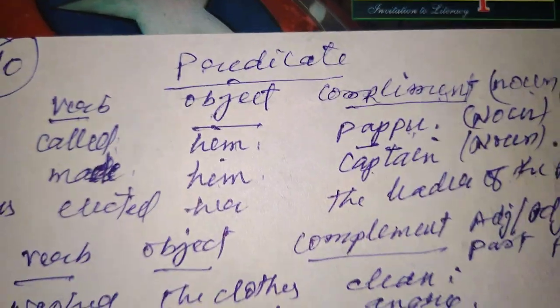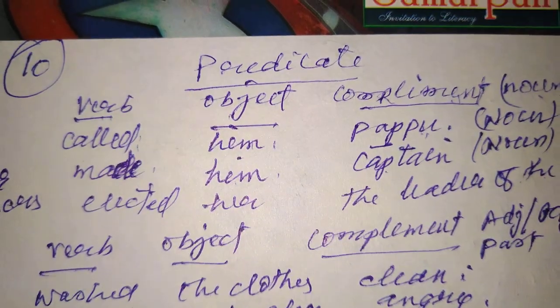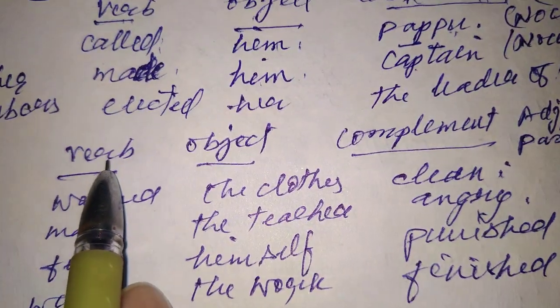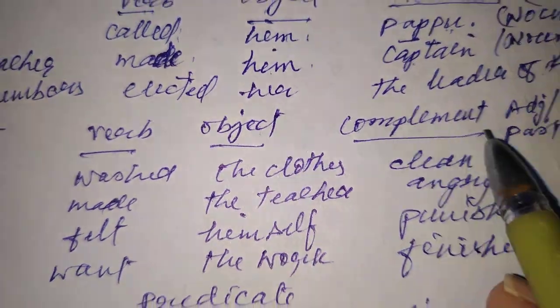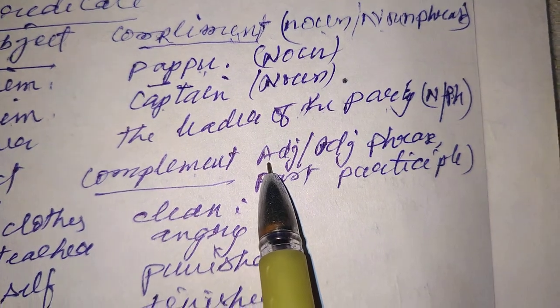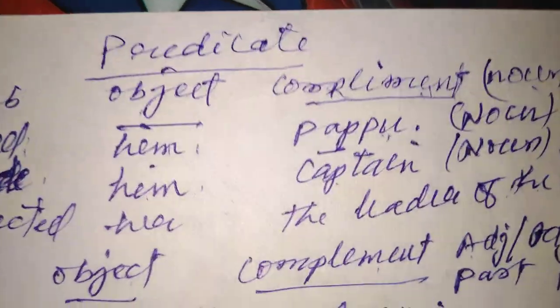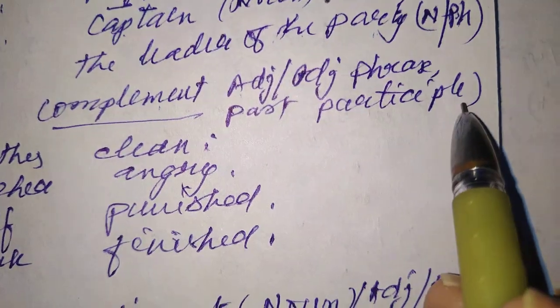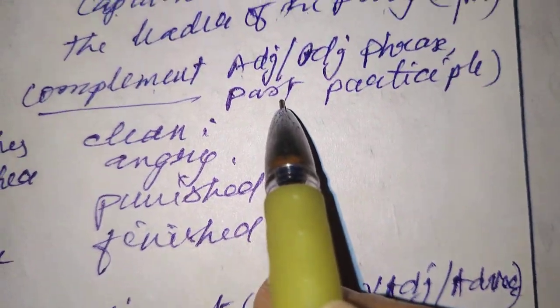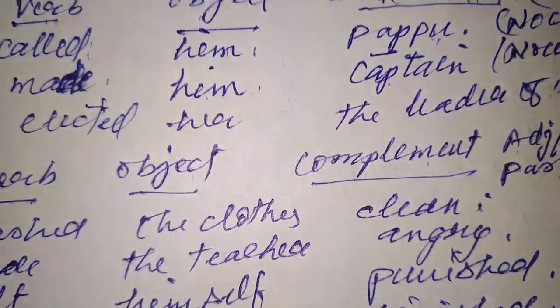In other examples, we could form the sentence with subject, verb, object, complement. Complement would be an adjective or an adjective phrase, or past participle form, meaning the verb's third form, as a complement.